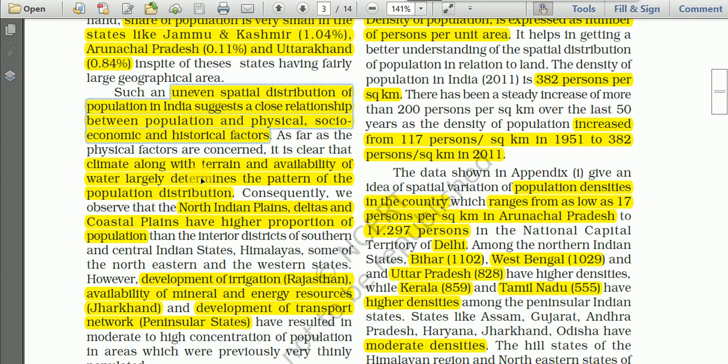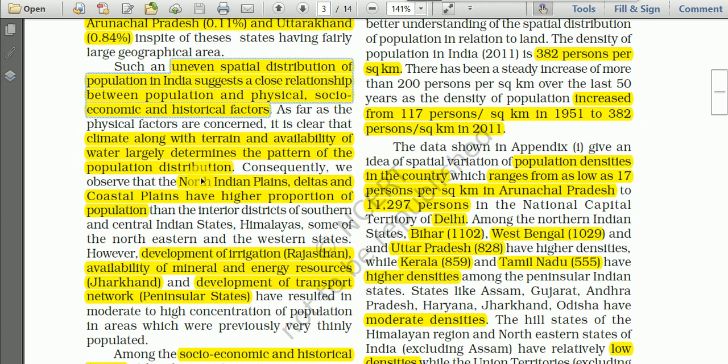That means we have 3 important factors affecting the distribution of population in India. The first important factor is the physical factor, the second one is the socioeconomic factor, the third one is the historical factor. So let us read.